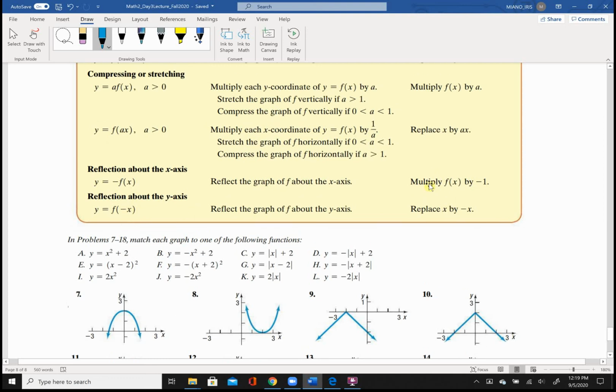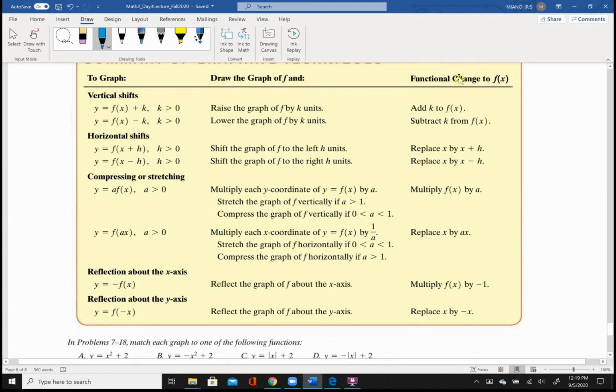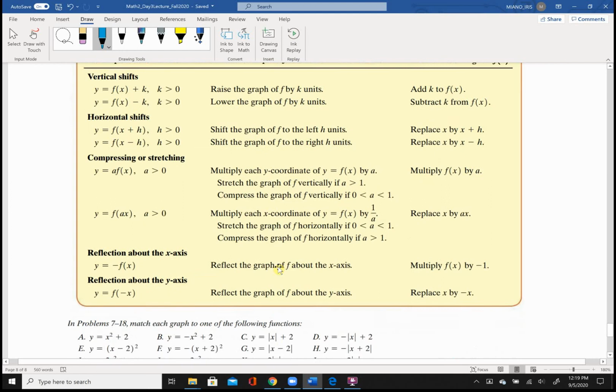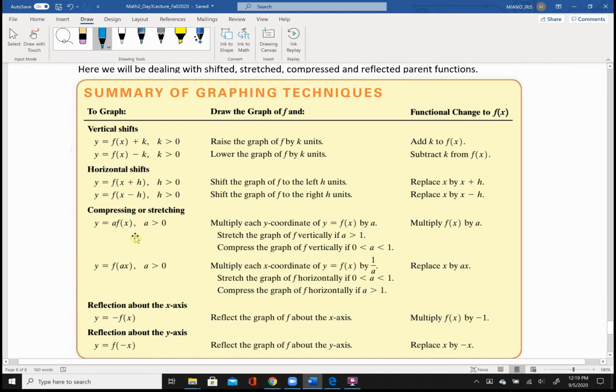And this last column outlines the functional change that goes on, and then also the physical change in the picture, in the draw-the-graph-of-f column right here. So hopefully you have this summary of graphing techniques at your disposal while you are practicing doing homework, so that you can reference this as you learn.